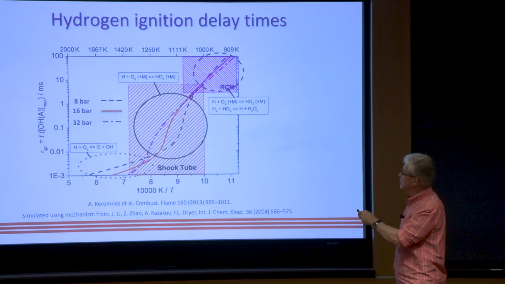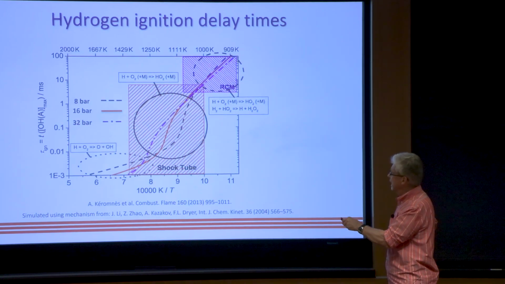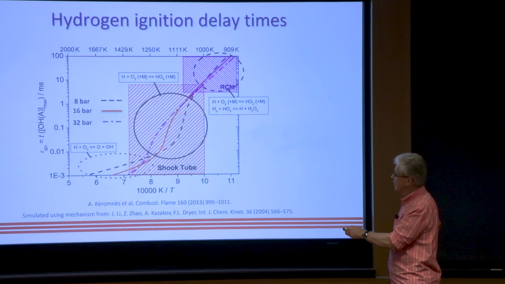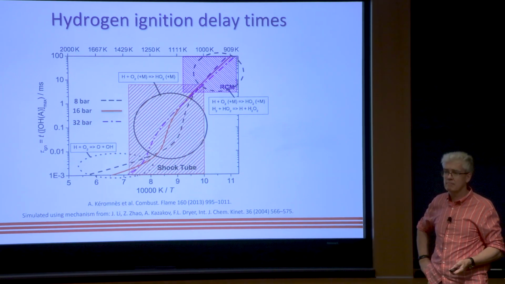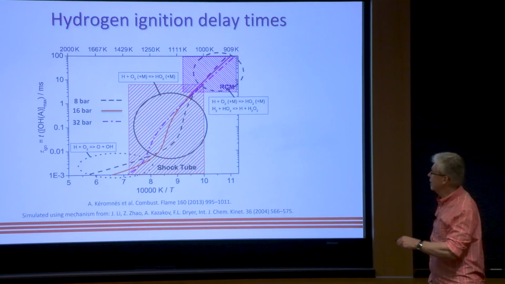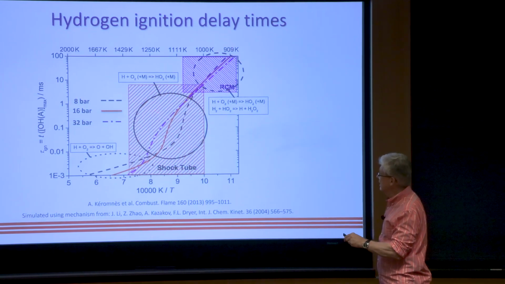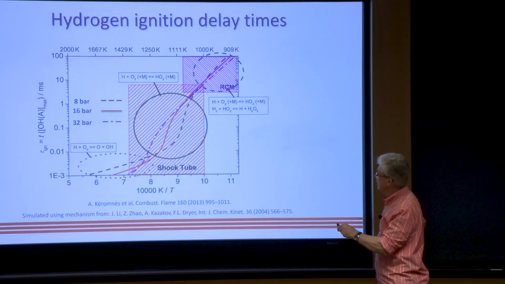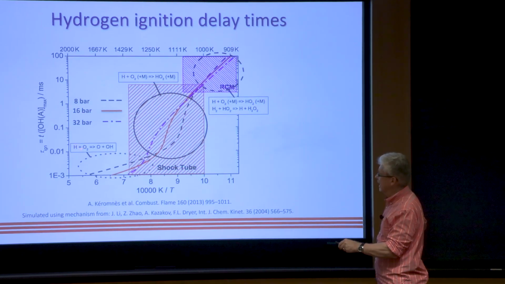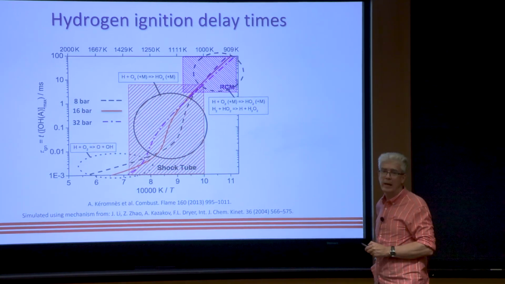However, when you come into this regime, you can see now that the 8 bar becomes faster than the 16 bar, which is intermediate. And actually, the 32 bar is slowest. Right? Why? Because now in this regime, the reaction H plus O2 plus M giving HO2 plus M is in competition with H plus O2 giving O plus OH.